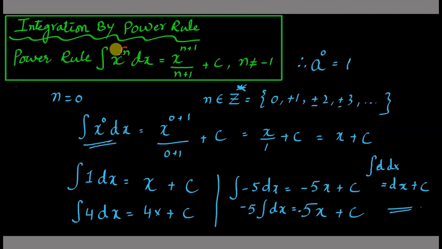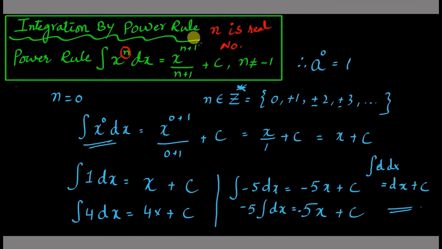This n is a real number, so you can further extend this formula up to real numbers, but we have only discussed here the integers, positive and negative rational numbers, including 0 but excluding -1.